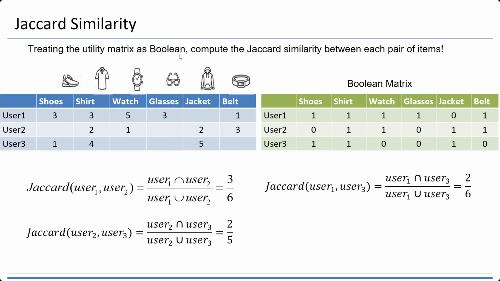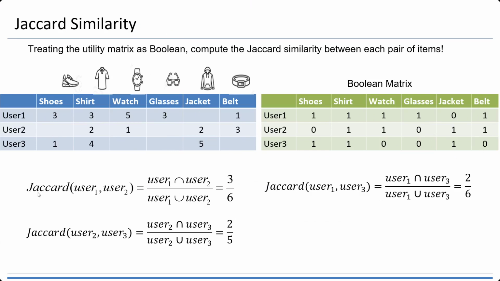Do you know what is boolean? 0, 1. So if it exists, then it is 1. If it does not exist, 0. So we put 1, 1, 1, 1, 0, 1. 0, 1, 1, 0, 1, 1. 1, 1, 0, 0, 1, 0.